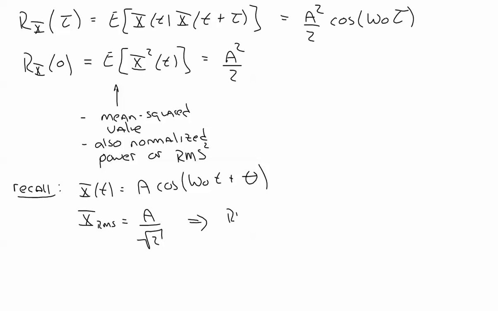So the RMS squared value equals A squared over 2. All right? Autocorrelation is going to be a very important concept for us because of this in part. Autocorrelation is not only a function which gives us a quantitative measure of the similarity of a random process compared to itself at an earlier or later time. If I evaluate the autocorrelation at 0 shift, I get the mean squared value or the normalized power. Very, very, very important. Okay?